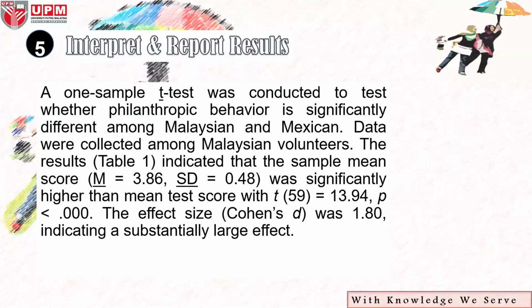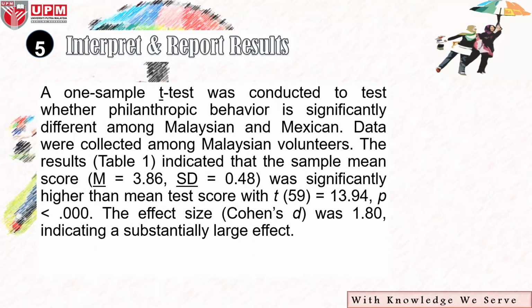So this is how to report your findings. For example, a one sample t-test was conducted to test whether philanthropic behavior is significantly different between Malaysians and Mexicans. For example, because a study has already been done in Mexico, now we do it in Malaysia. So data were collected among Malaysian volunteers.